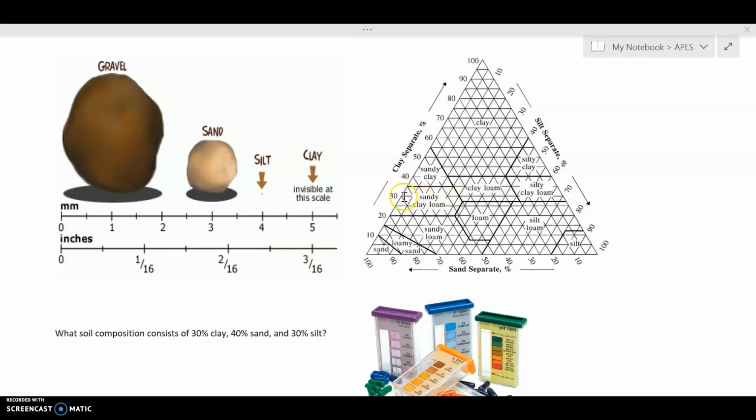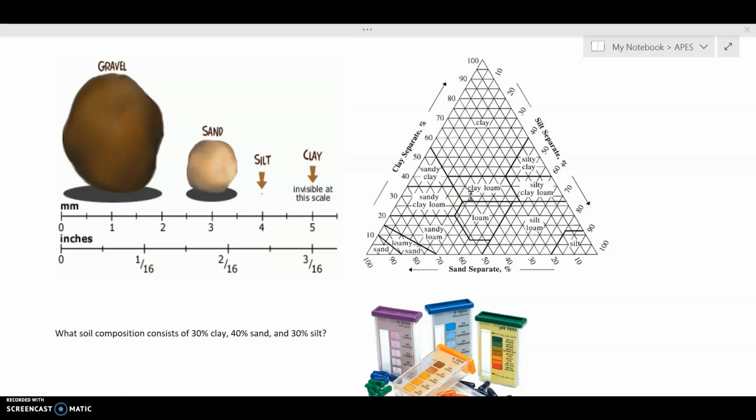So if this soil is composed of 40% sand, we go to the sand, and we go to 40%. Now we know that we're on this diagonal for clay, so we just have to hit that with the sand. So 40% is going to hit at about right there.